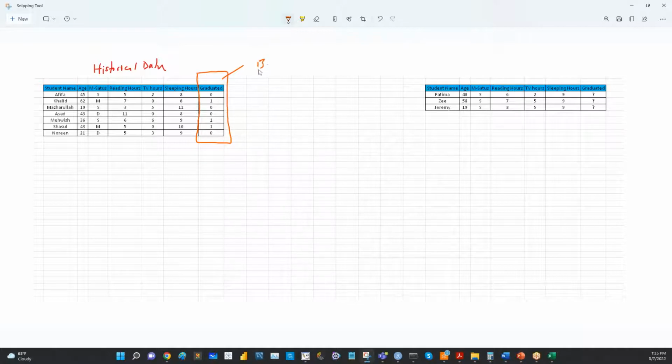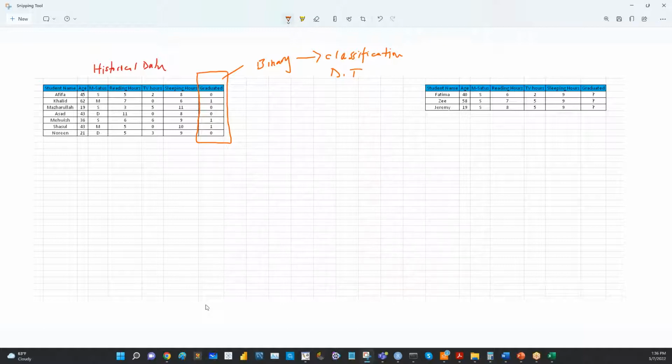As you see, this is binary. Since it's binary, we know that we are going to do classification. In classification there are many algorithms, and we decide to do decision tree.